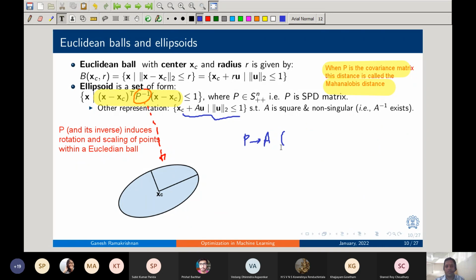So homework: figure out what the transformation is. Okay, any questions? Let's move on then.